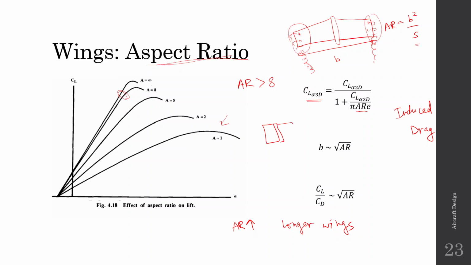So if you have a wing like this, which is very short, this part will be turbulent air because of the wingtip vortices. Your lifting surface is very small in this case, and that is why your CL is going to be much smaller than the aerofoil CL.